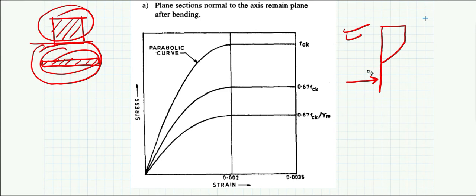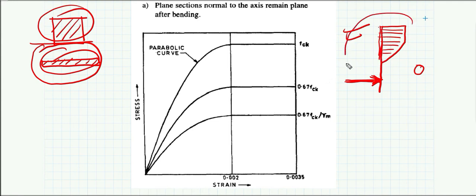So your stress distribution diagram will look something like this, where this is the stress distribution diagram for concrete and only an arrow mark for steel, because steel is considered at a very small location. So only an arrow mark for the force or the stress in steel, and this is the distribution in concrete.